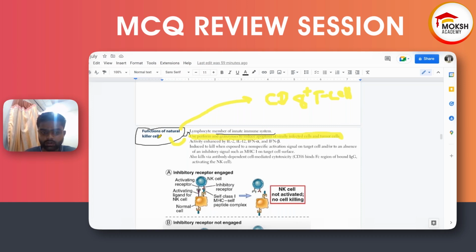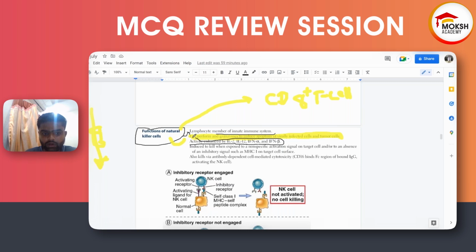With perforin, they puncture a hole in the cell membrane and then they release granzyme, the type of enzyme that induces the apoptosis. Activities are enhanced by IL-2, IL-12, interferon gamma, and interferon beta.